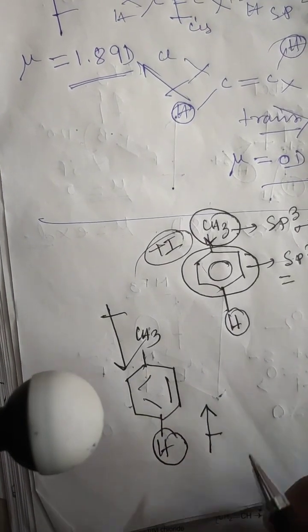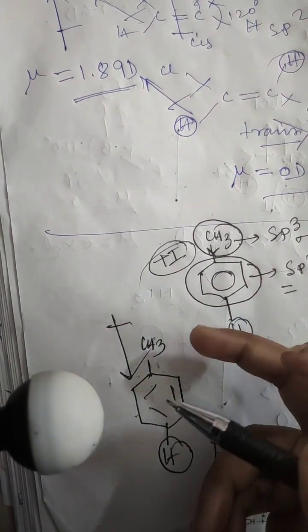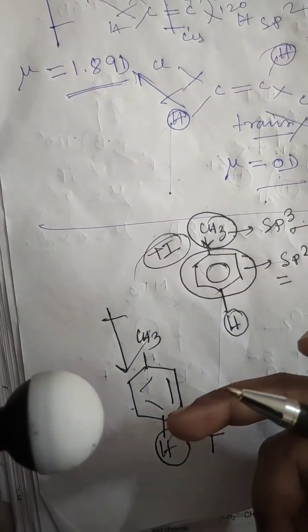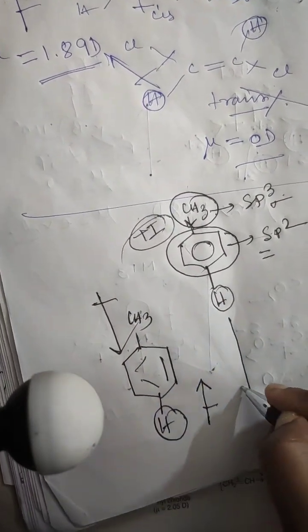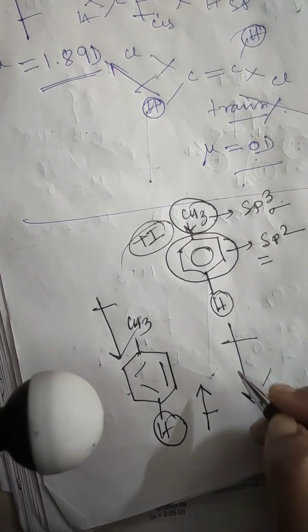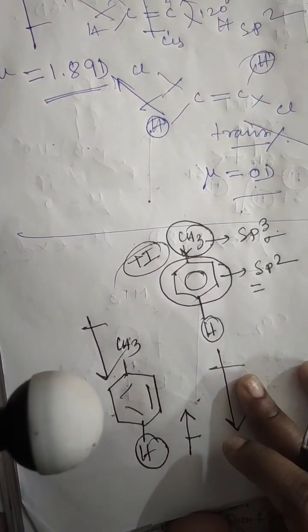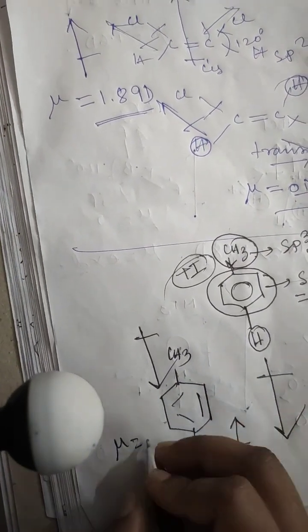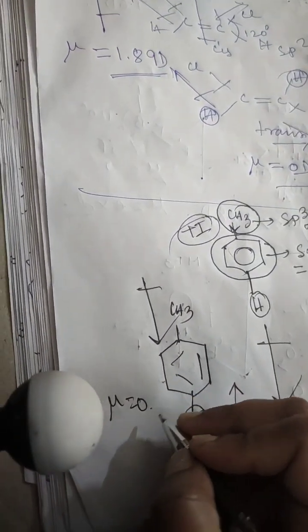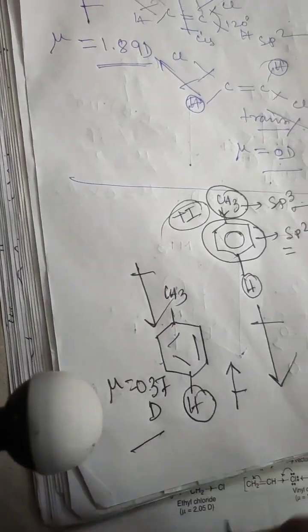But between CH3 and hydrogen, CH3 is the more dominating, so the dipole moment goes in the downward direction. It has some mu value, something like 0.37.